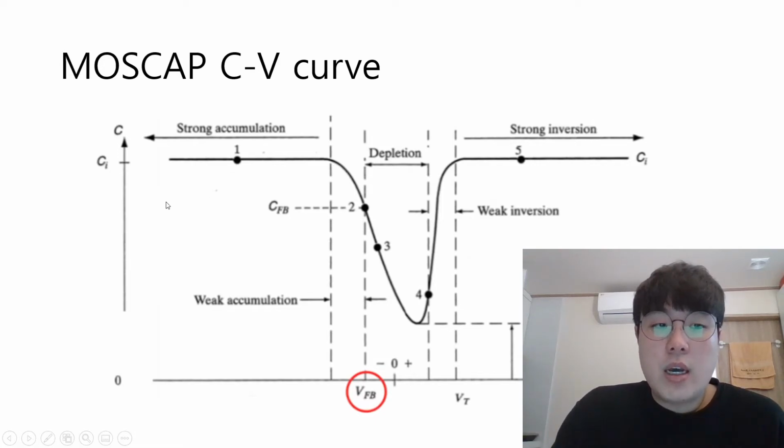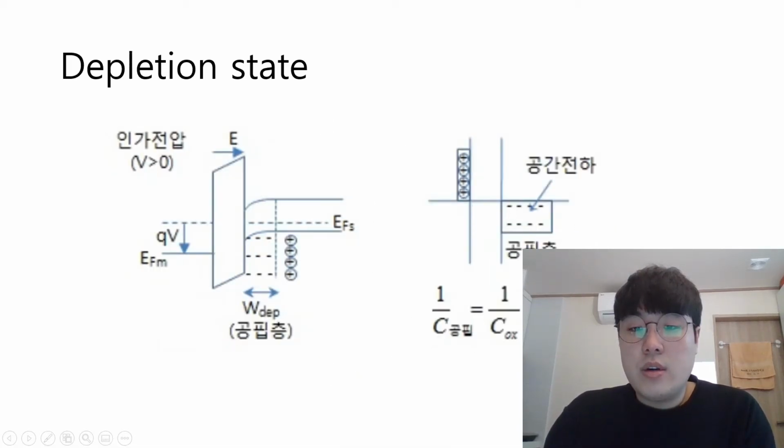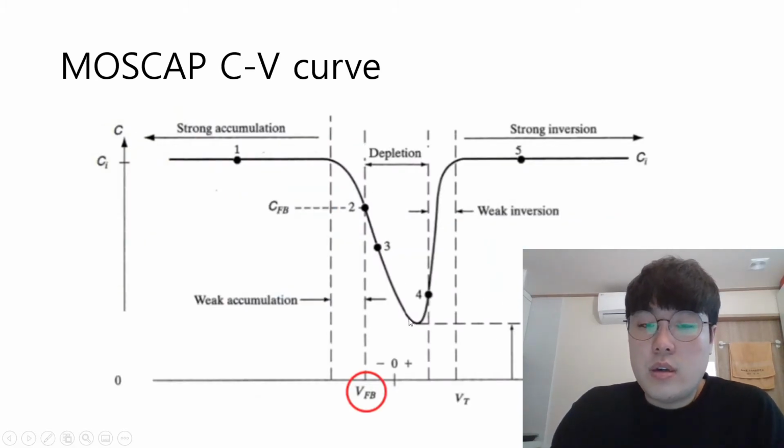But why is the capacitor value decreased? Because the insulating layer acts like a connection in series with the oxide layer, so the capacitor value is decreased. I mentioned that previously, maybe in here. So the capacitor values are decreased.